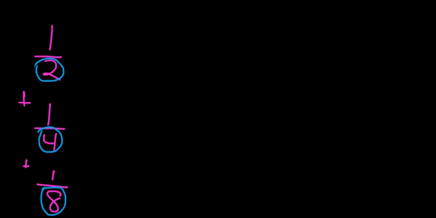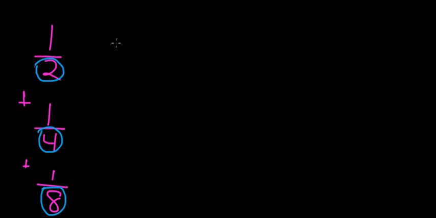We can look at this problem and instantly know that 8 is probably going to be the correct denominator. But if the problem was a little bit harder, if we had maybe a 6, an 8, and a 4, then we'd have to work a little bit harder at figuring out what the common denominator is.